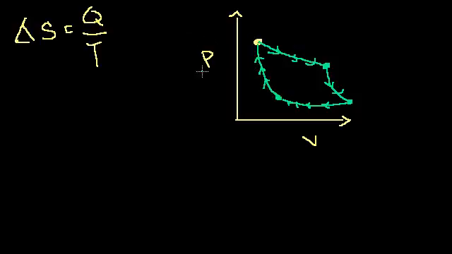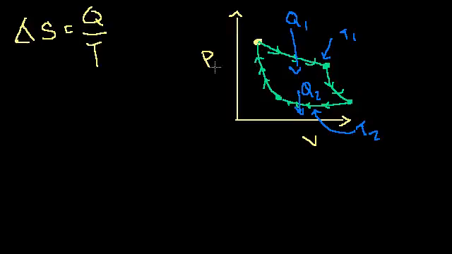And I did a couple of videos where I showed that if you take the heat added here, this is all being done at some high temperature, T1. This is being done at some low temperature, T2. There's some heat being added here, Q1, and some heat being released here, Q2. Since these are adiabatic, there's no transfer of heat to and from the system.